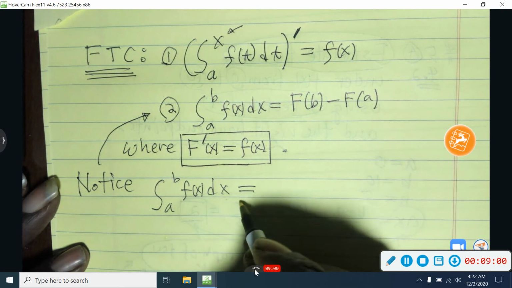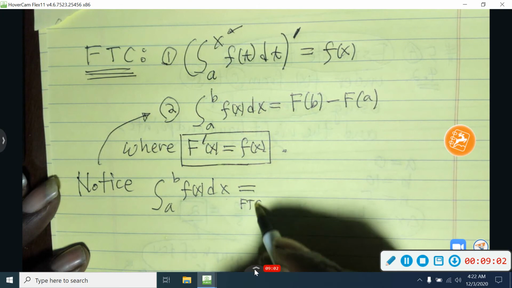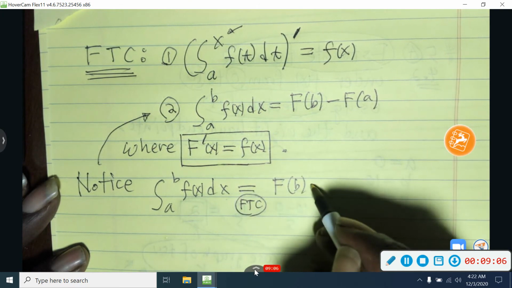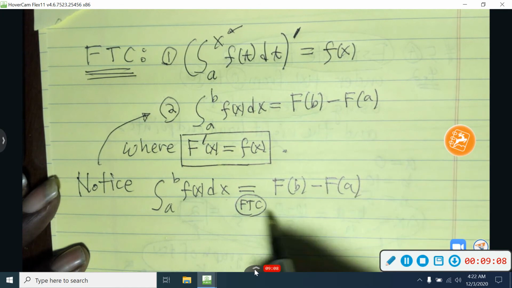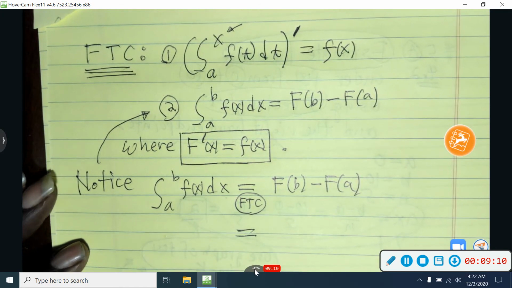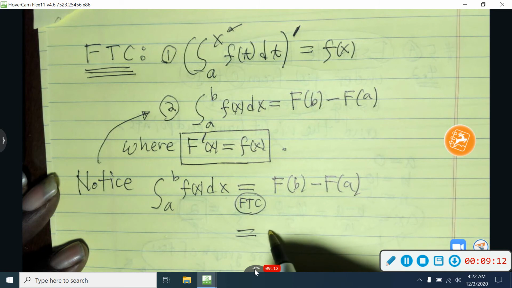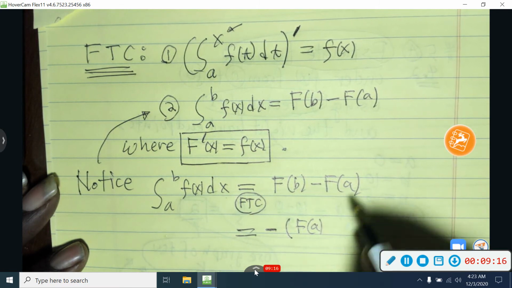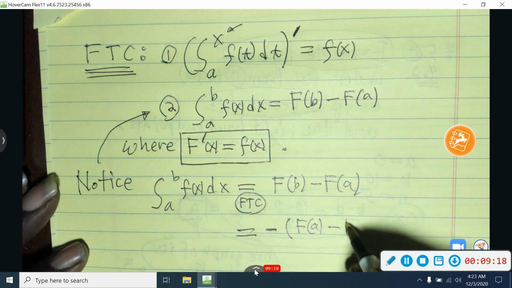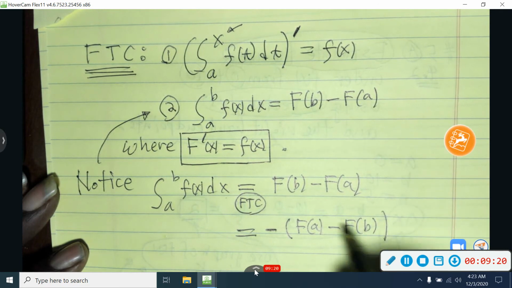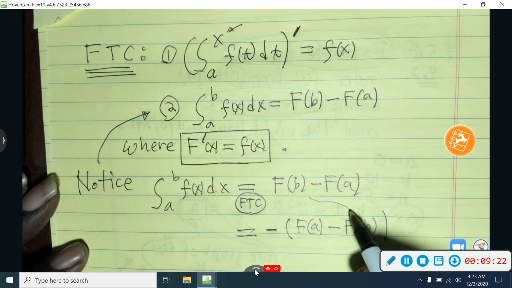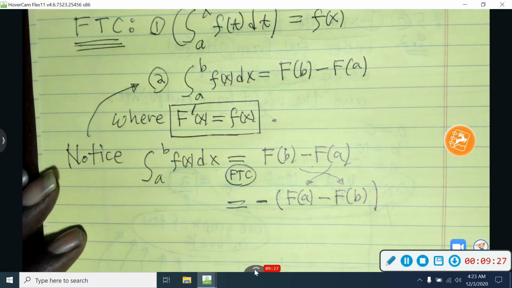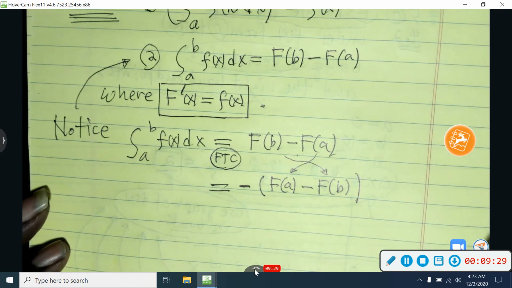According to FTC, that's equal to capital F of b minus capital F of a. Out of that, I'm going to factor a minus out, and so that will be capital F of a minus capital F of b. In other words, they got reversed when you factor a minus out, because we can all do arithmetic, right?